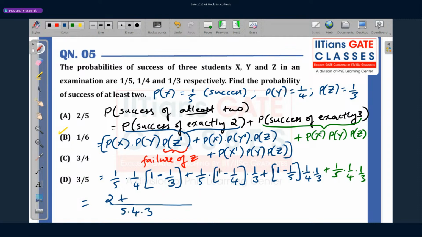Second term, it is 4 minus 1, 3. Third term, it is 5 minus 1, 4. And this fourth term also I have. So 1. So 2 plus 3 plus 4, 9 plus 1, 10. 10 by 60 or 1 over 6. So option B is only correct.